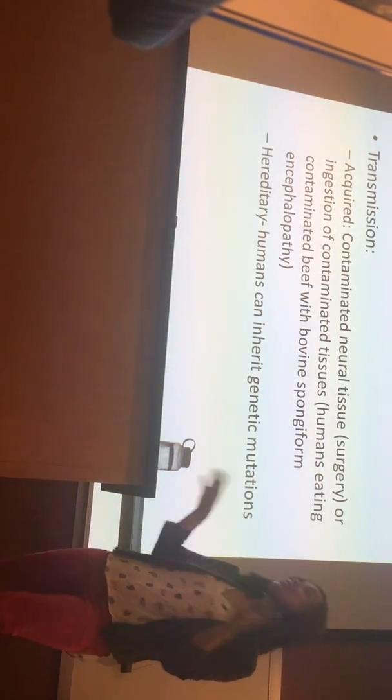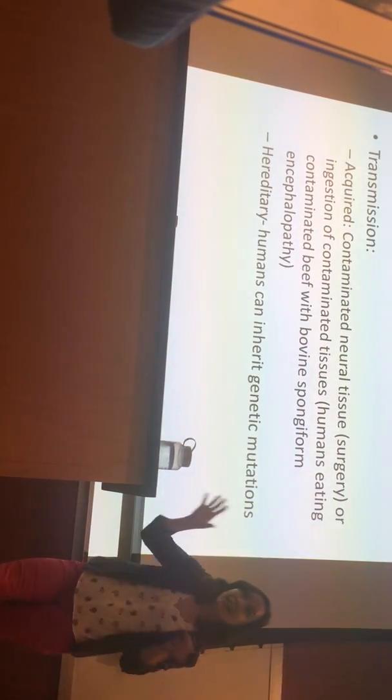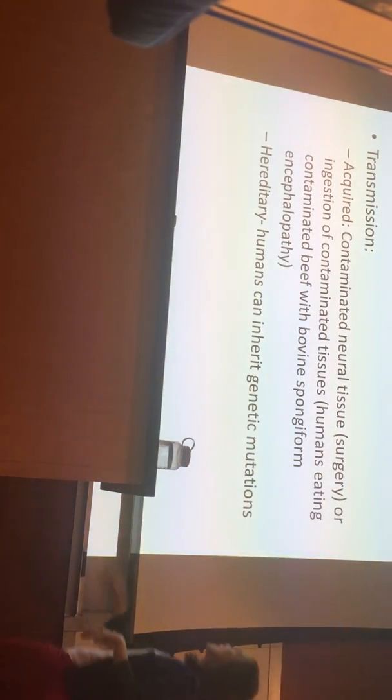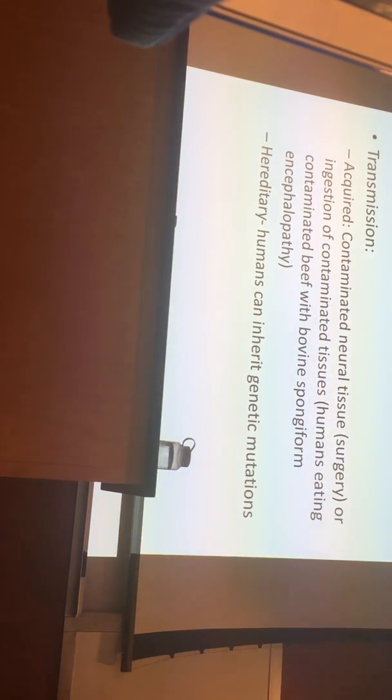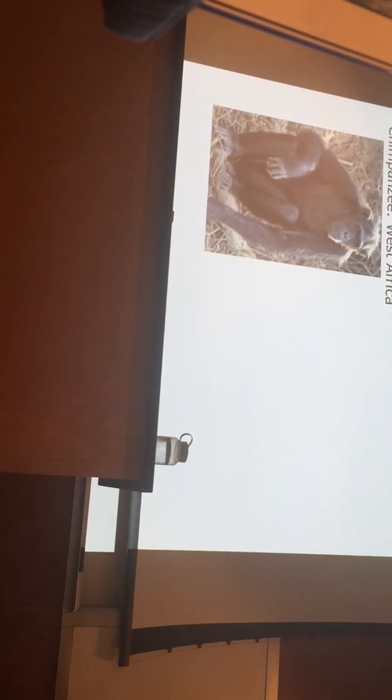Since they've eliminated that process, transmission has been cut down. So eating human brain tissue, I didn't put it on there, but that's another definite way it can move around. So zombies. Zombie protein. All right, zombies. So we're going to mention HIV.